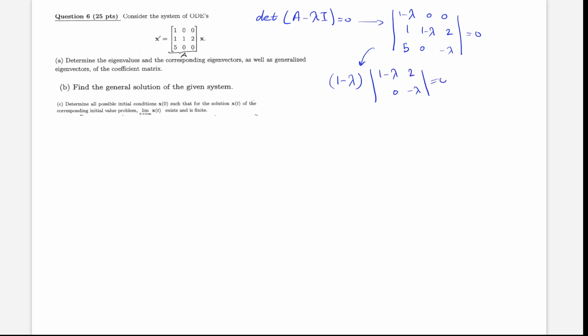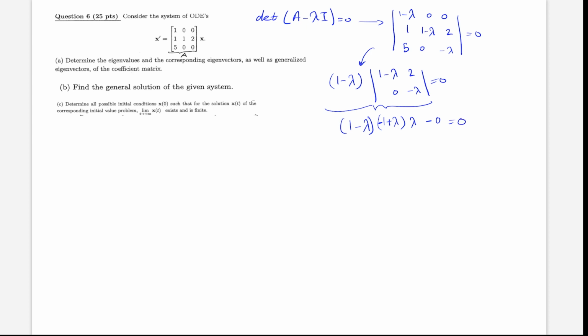This one will be 1 minus lambda times minus lambda, minus 0. So the overall expression will be 1 minus lambda times minus lambda times lambda minus 0 equal to 0.